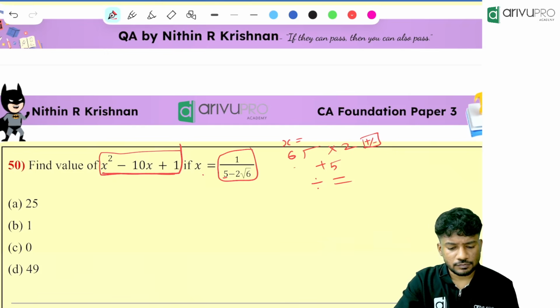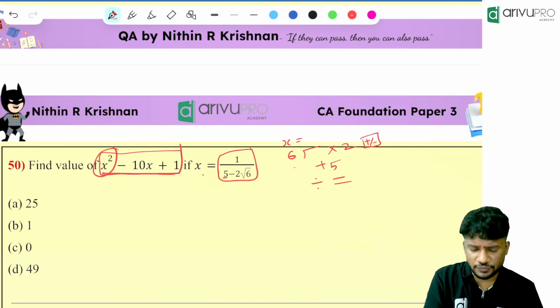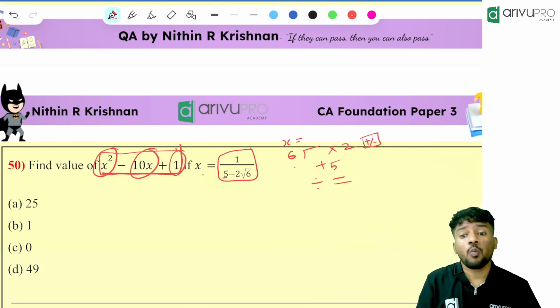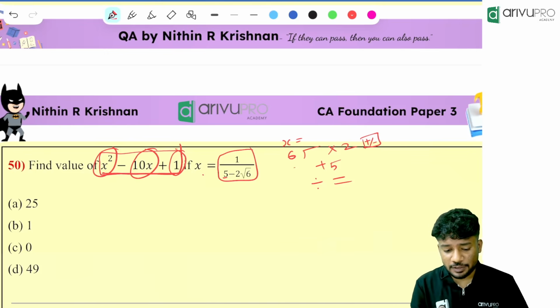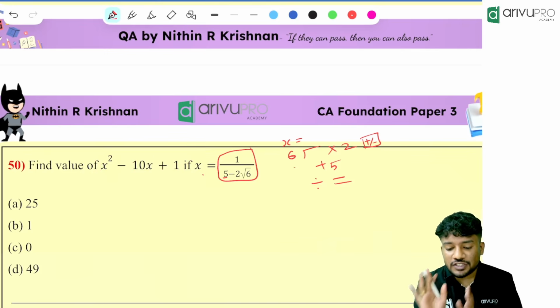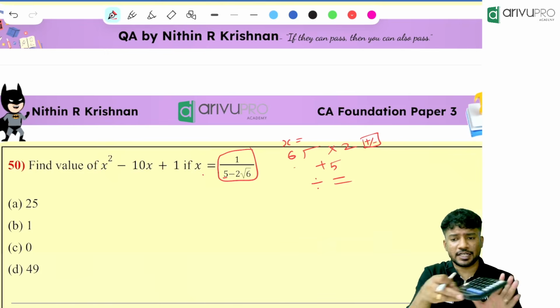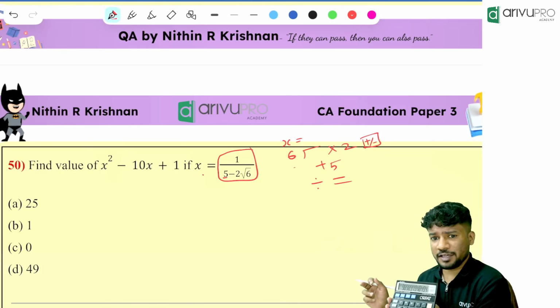Can I take the square of the value? We will do one thing now. We need the square of this. Then we require 10 into x also. Then what else we require? 1 is required. Can anyone tell me how you will do this just using calculator? First, anyway I have this value. X is anyway there in my calculator.